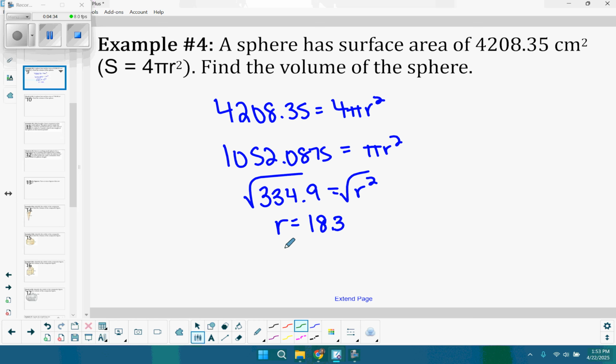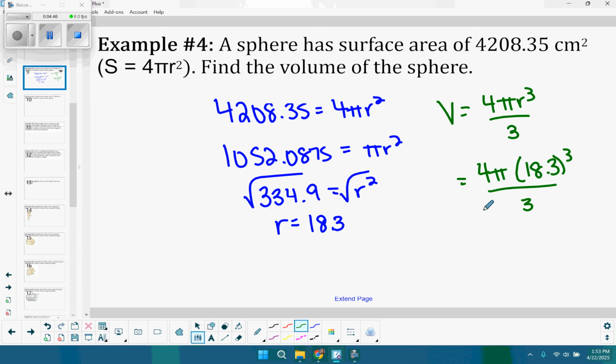And now that I have an r, I can find the volume. So we're going to take 4 pi 18.3 cubed over 3. So I got 77,012.8 over 3.